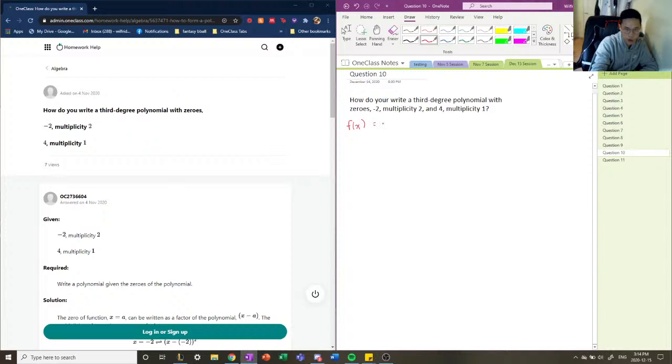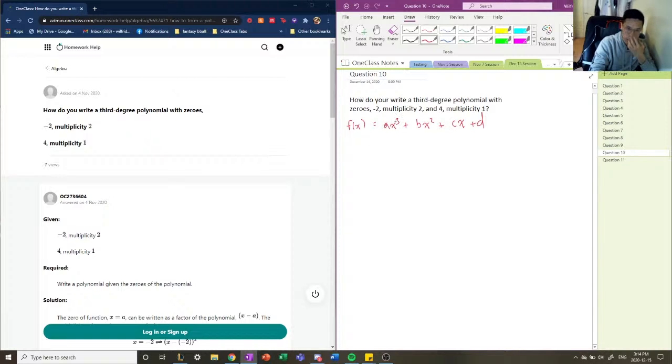It's basically a polynomial with the max power of 3, so it'll be ax cubed plus bx squared plus cx plus d, where the maximum degree or power is 3. That's why you call it a third degree polynomial. You can have different coefficients or different terms in the polynomial itself, but this is the general form. The question gave us the zeros and the multiplicity of those zeros, and they asked us to find a third degree polynomial.